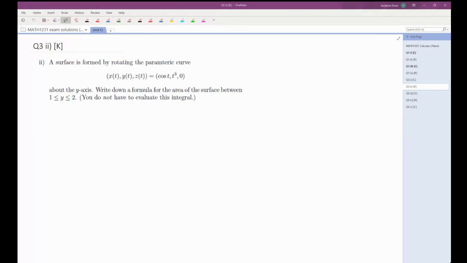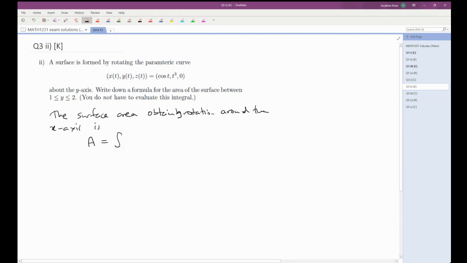Sorry, maybe I should say the surface area obtained by rotating around the x-axis.